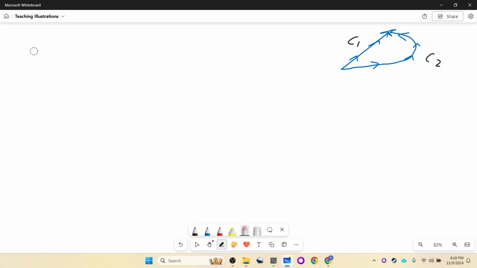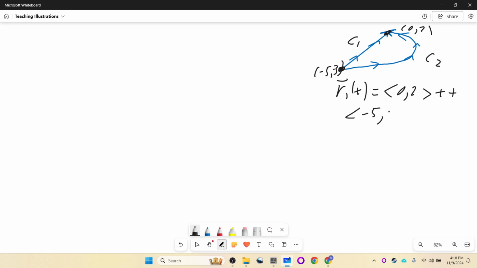Okay, let's get our parameterizations. C1, so r1 of t. This is going from -5, -3 up to 0, 2. So this becomes 0, 2 times t plus -5, 3 times 1 minus t. We're using the line segment formula.